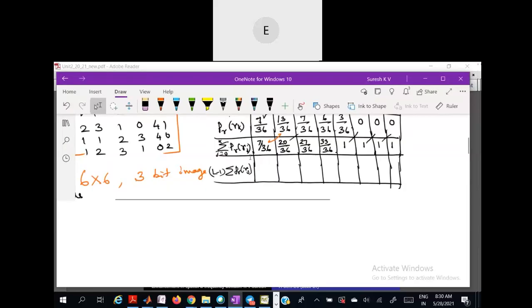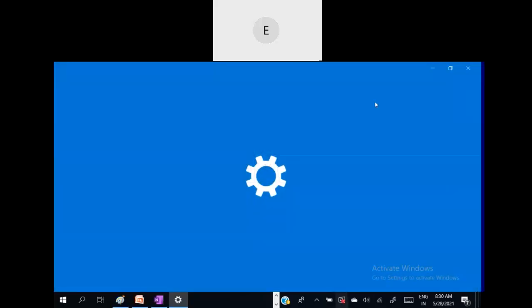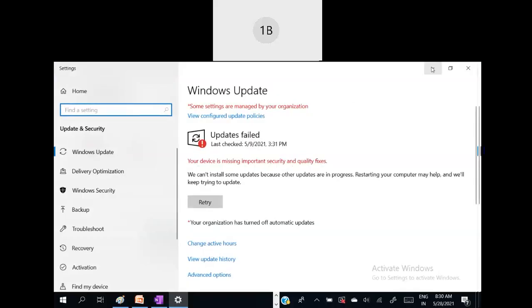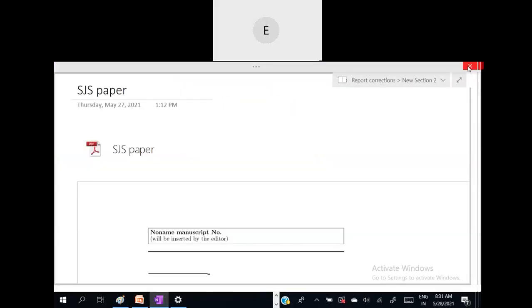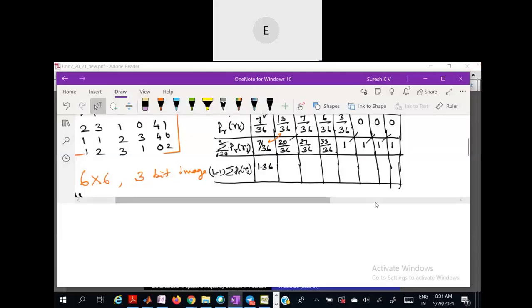Please quick. This into 7, but I want it in decimal. Some of you take calculators and try to do it quickly. Let it be interactive. What is the value? So 1.36. Correct. Okay, what is the next value? 3.889.